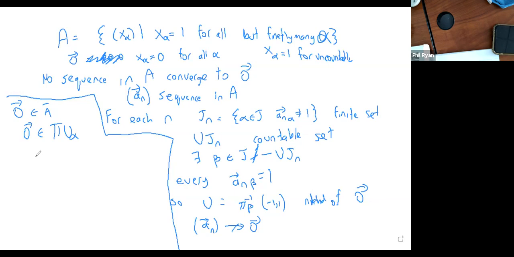That means U alpha equals R except for finitely many indices. Let's call them alpha 1 through alpha n.